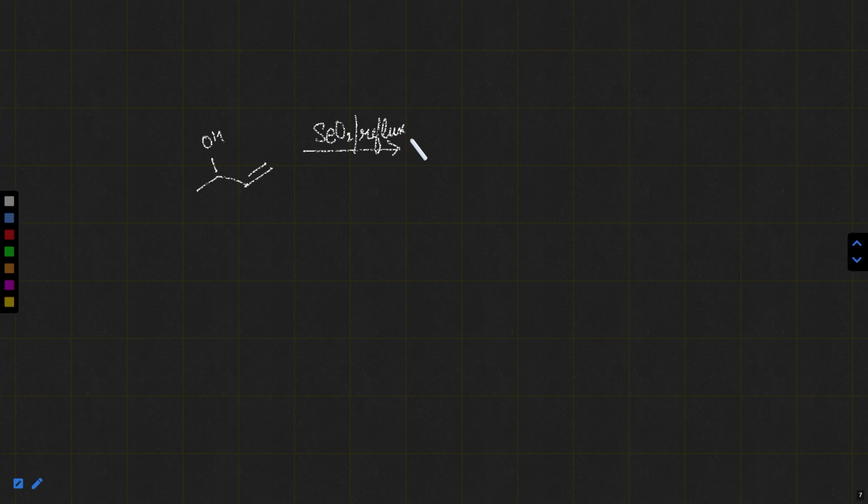Reflux is basically a laboratory procedure in which we constantly treat it with the reagent. You can say we are treating it again and again. I cannot put it in words, but think of it as a harsh condition. So we are applying this SeO2 under harsh condition, that is reflux. So we will get this thing.